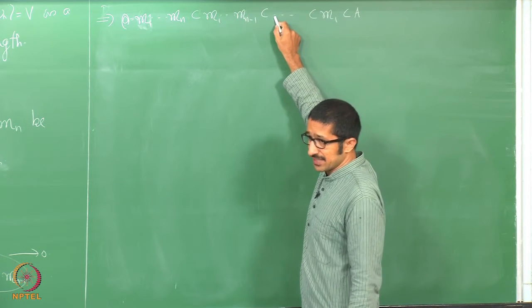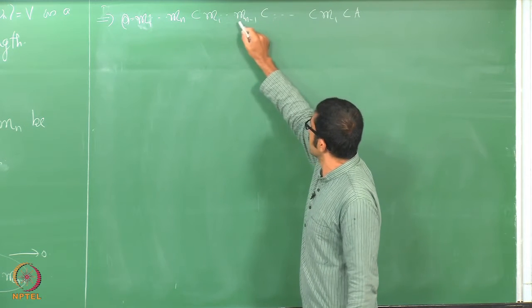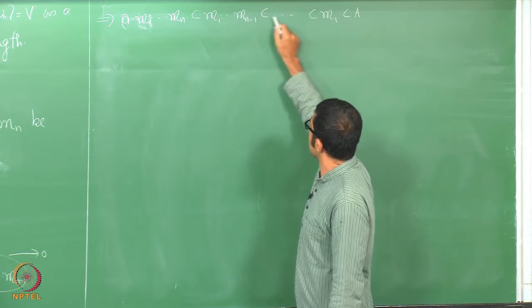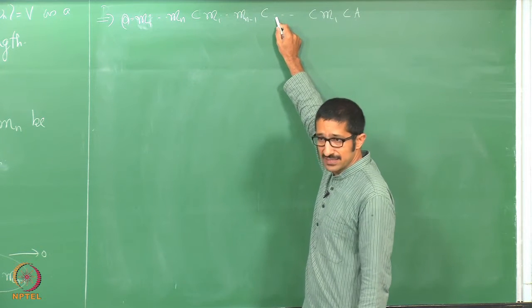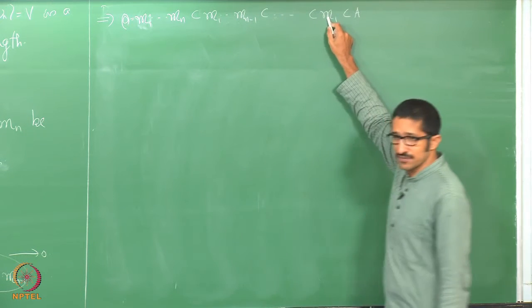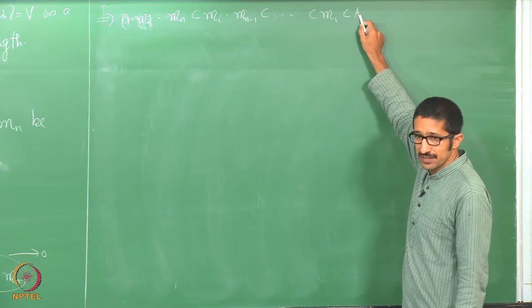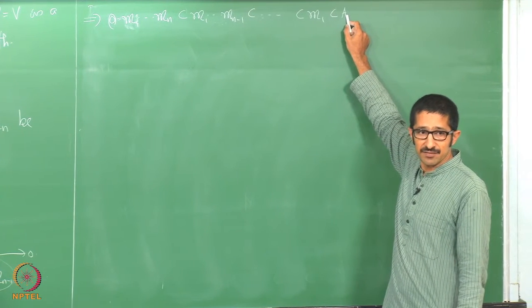By induction, or by recursively taking it to the next one, this has finite length, M1 has finite length, and therefore A has finite length.